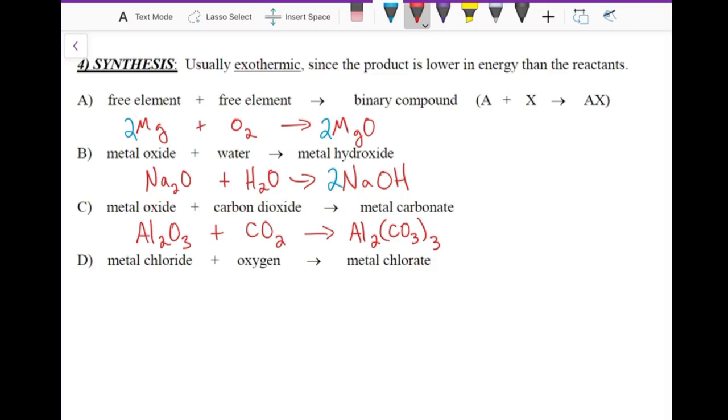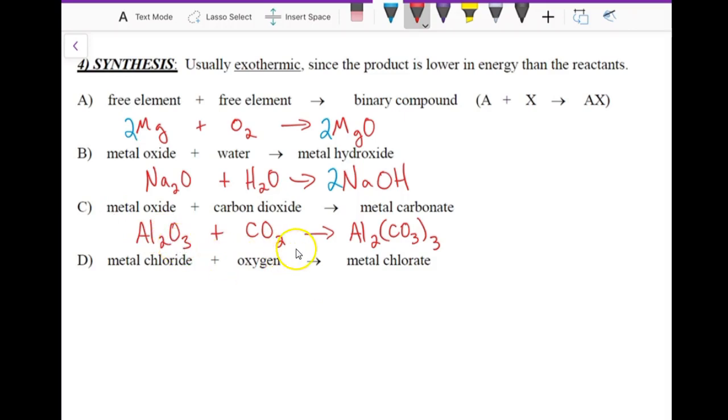It looks like on the right we have 9 oxygens, which is kind of weird, because on the left we have 2 in the CO2, and we have 3 over here in the Al2O3.